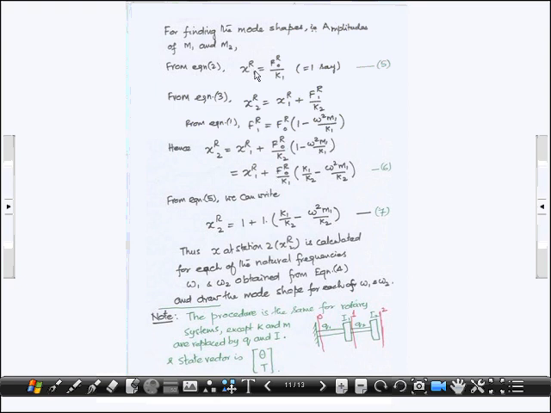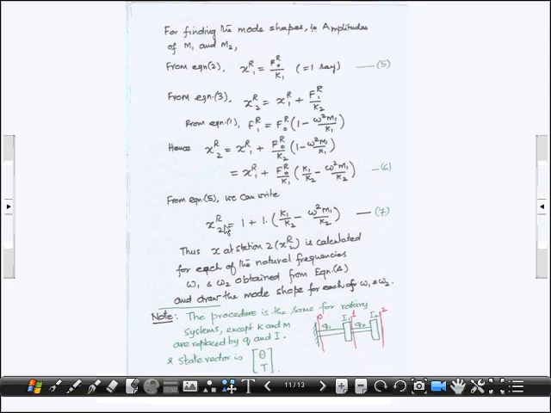Because I have taken x_R1 equal to F_R0 by K1, both to be equal to 1, this equation reduces to x_R2 equal to 1 plus 1 times K1 by K2 minus omega square M1 by K2. Therefore, you can get x_R2 for the appropriate natural frequency, whatever you substitute here.